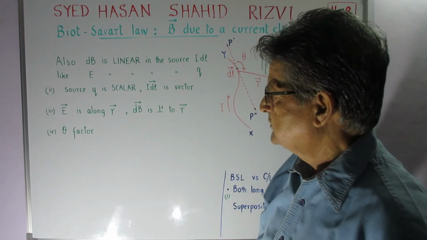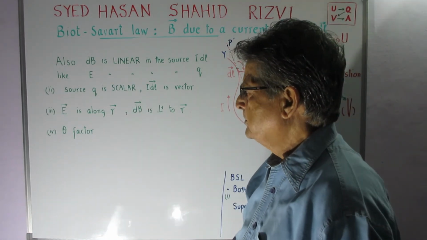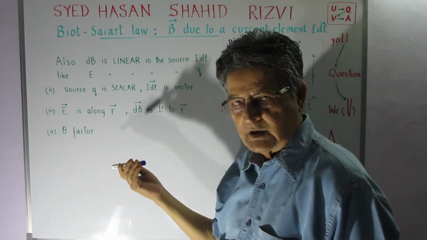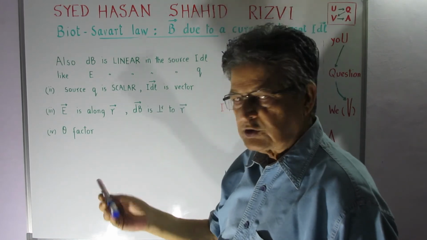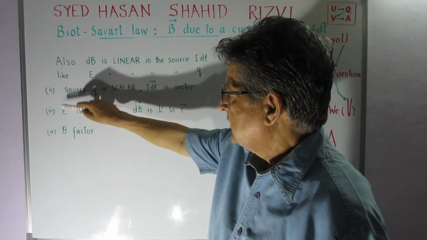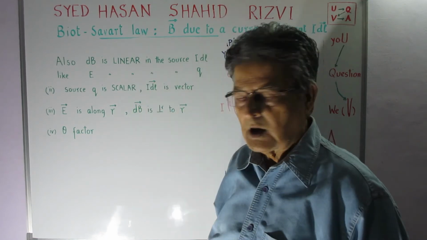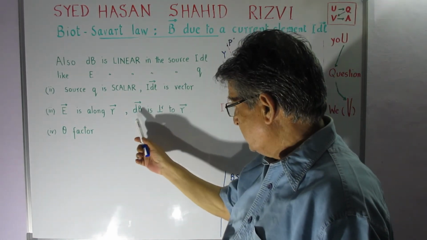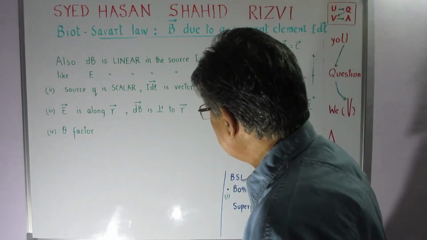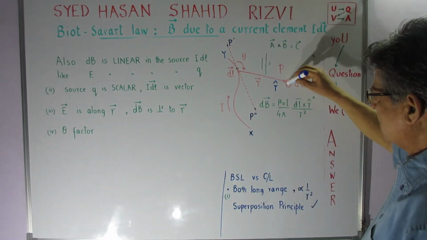The third thing to bear in mind is that the electric field is along R, towards R or opposite to R, so that we can say E cap is equal to plus minus R cap. Whereas dB is perpendicular to R, in the plane perpendicular to both R and dl, as I have shown over here.